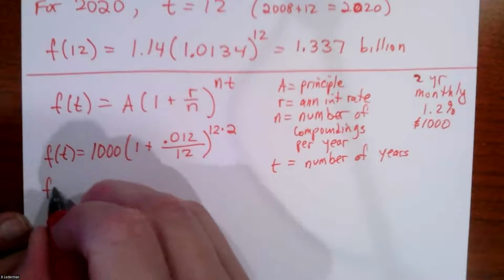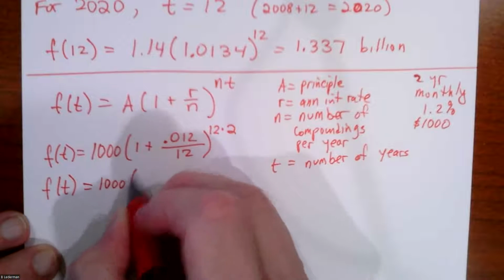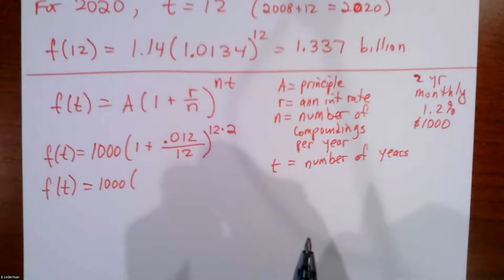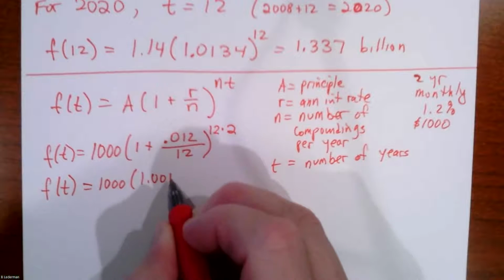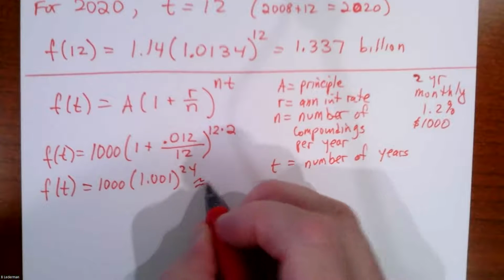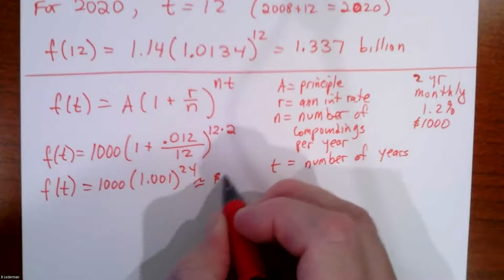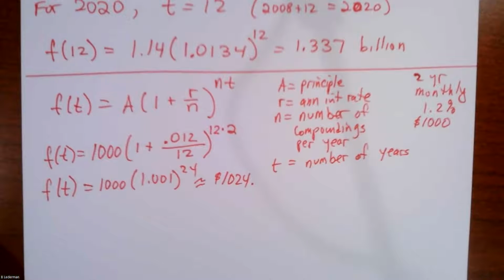So f of t is equal to 1,000 times, how do you like that, 1.001 to the 24th power. And that's going to be approximately $1,024. Actually, I could probably work that on my calculator. Play to the penny.